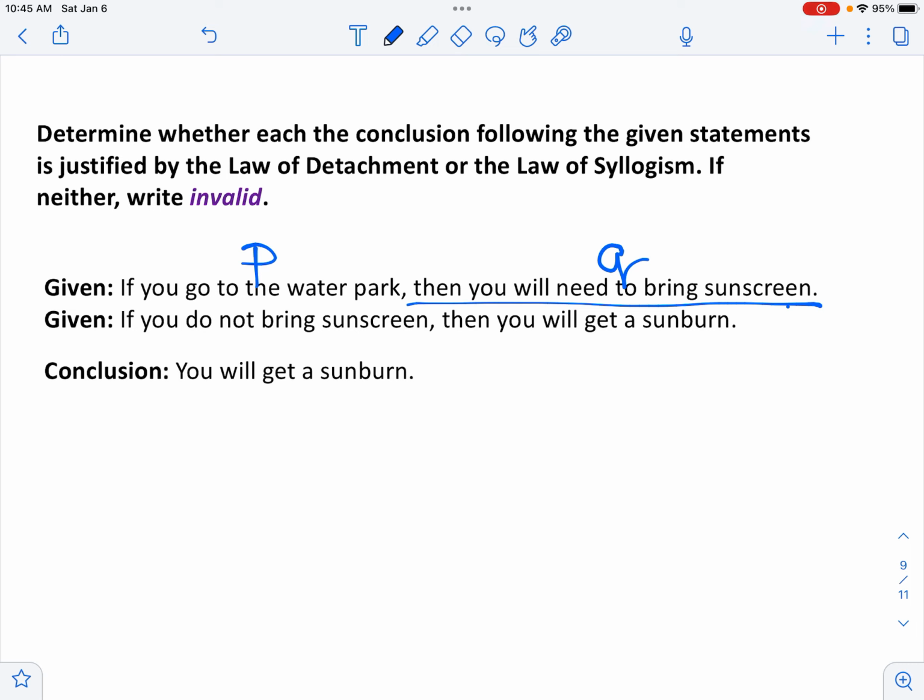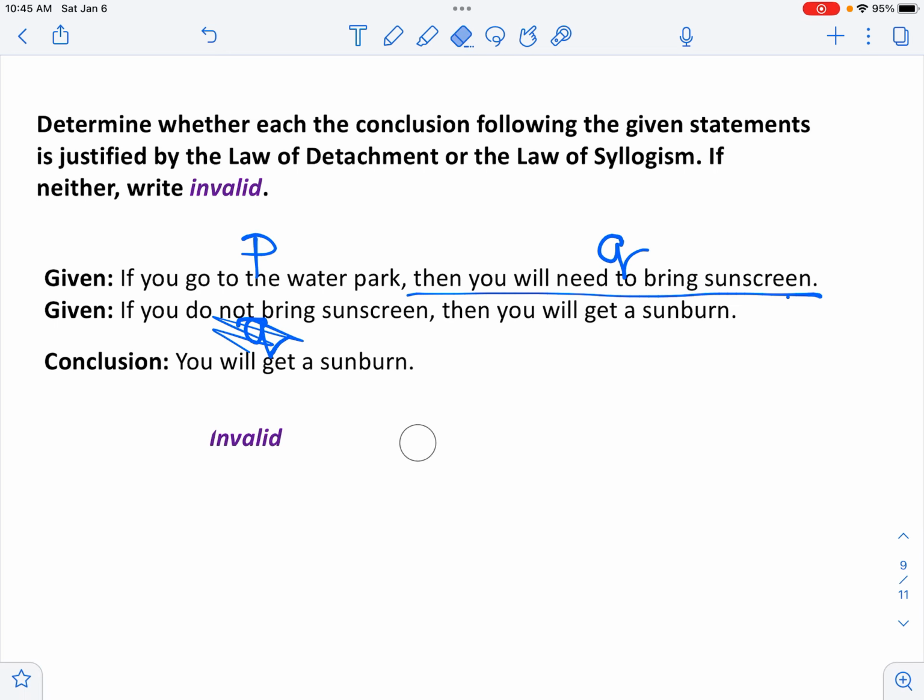So this isn't Q. It's supposed to be Q. It's not. So that won't work. So then you will get a sunburn. That's not. It's close, but it's not. So this would be no valid conclusion, or invalid. Okay. Hopefully that makes some sense now, and you kind of understand the two laws.